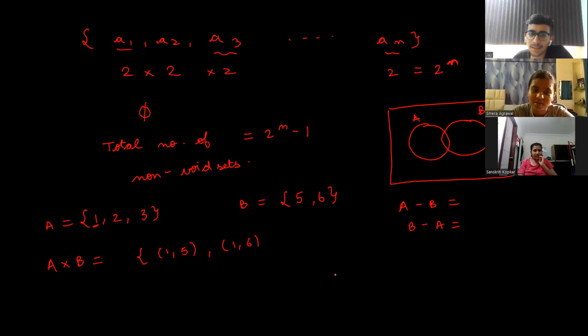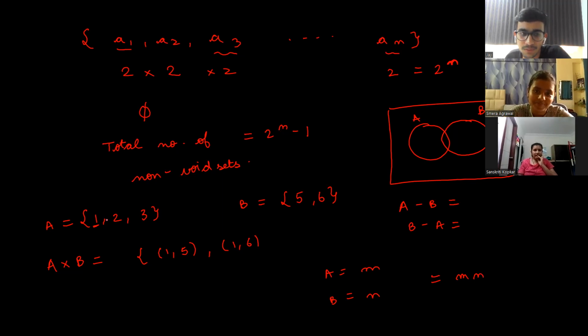ठीक है. So let's say A में m elements हैं, B में n elements हैं. So what will be the number of elements in the Cartesian product of A cross B? M into n. ये फॉर्मूला कैसे आया? No idea.